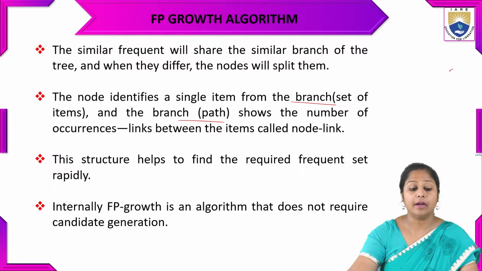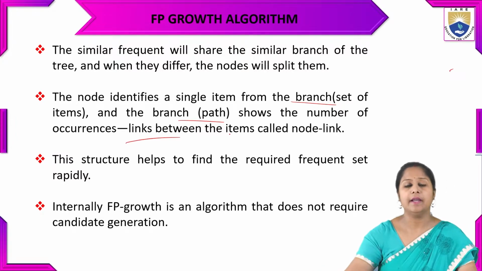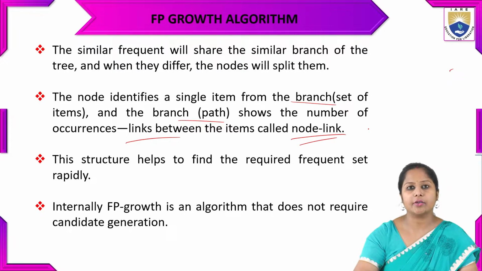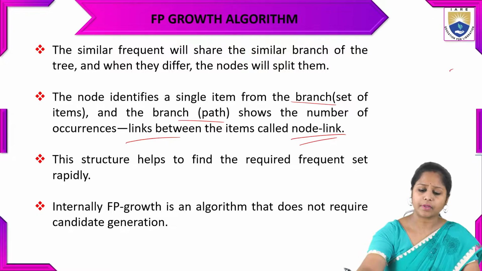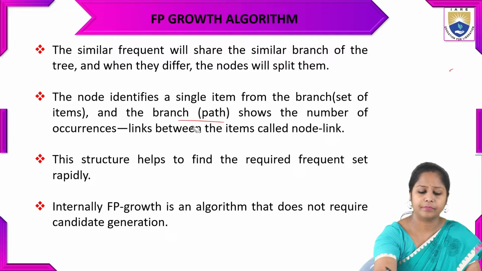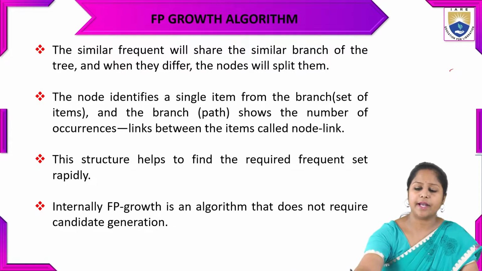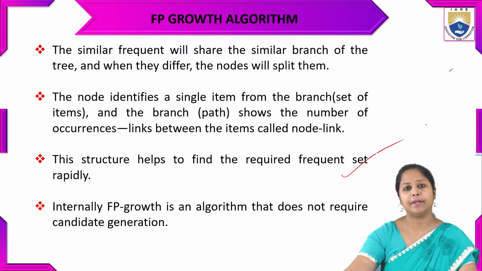The occurrence links between the items are called node links in the FP tree structure. This structure helps to find the required frequent item sets repeatedly, and it is fast in searching nature. So we are using that FP tree.